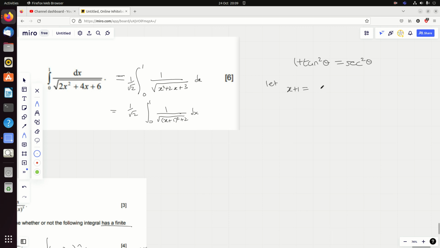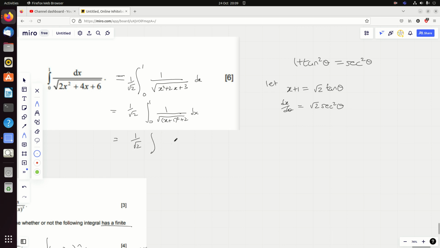I'm going to try and pick something which, after I square it, equals 2 tan squared. So root 2 tan theta should do the trick, because then dx by d theta is going to be root 2 sec squared theta. The 1 just cancels over here. And so why does this make this nice? Well, we're going to get 1 over root 2.